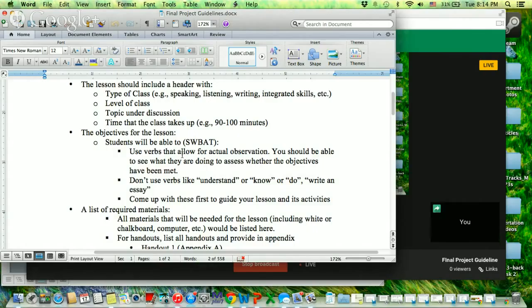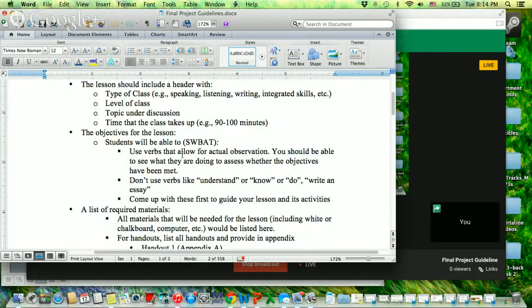Okay, so do is often a little bit too vague. You want to use other verbs to replace that and show exactly what they're going to be doing. And saying things like students will be able to write an essay is not very helpful. That's going to be a very big task, and so often that's not a good objective.